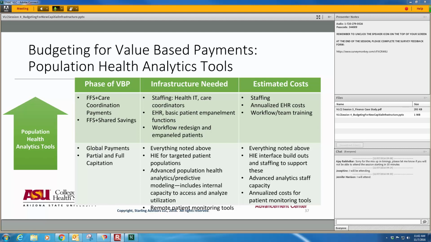And again, advanced analytics staff capacity and utilized cost for patient monitoring tools. Any questions on that?